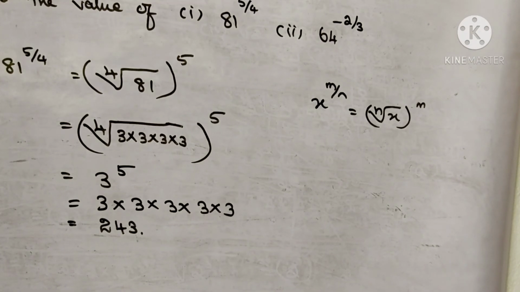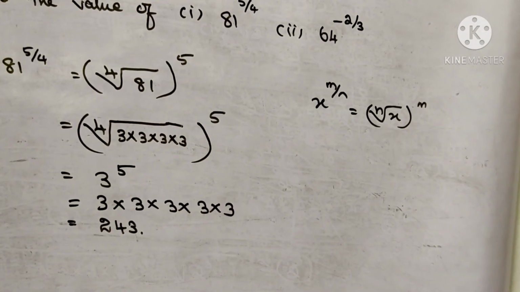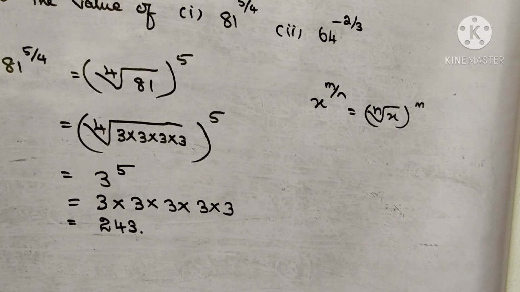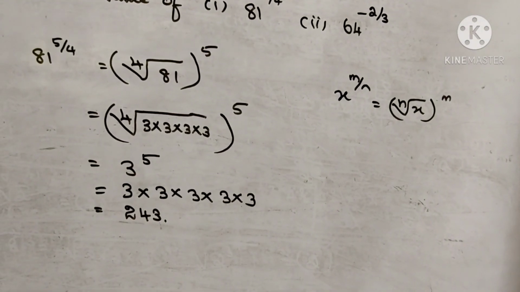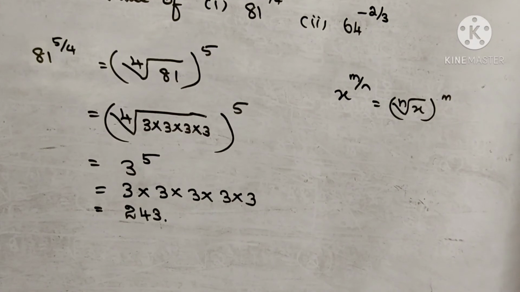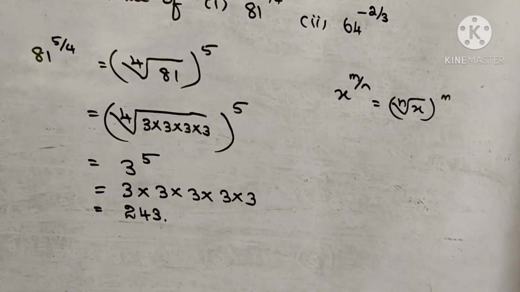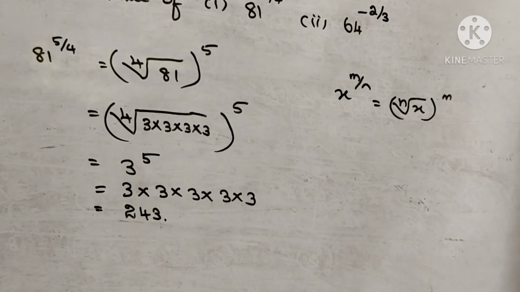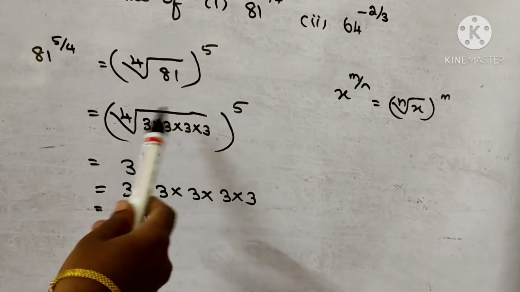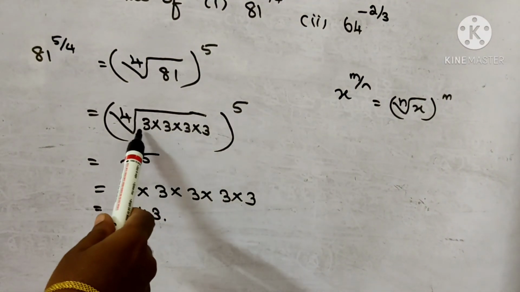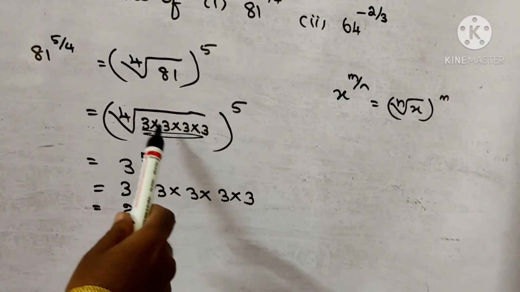So 81 power 5 by 4 is equal to the 4th root of 81 the whole power 5. Now 81 is 9 9s, and 9 is 3 into 3, again 9 is 3 into 3. So 4 times we get 3 inside the root.